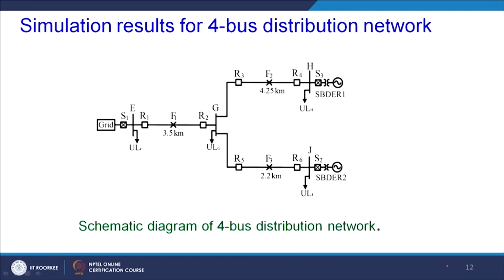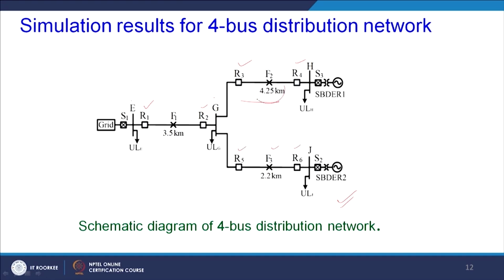This particular technique we have tested using a simple network, a 4 bus network. These are the relays you can see: for this line, this is one relay protecting, and this is R2, and here we have R3, R4, and for F3 we have R5, R6.